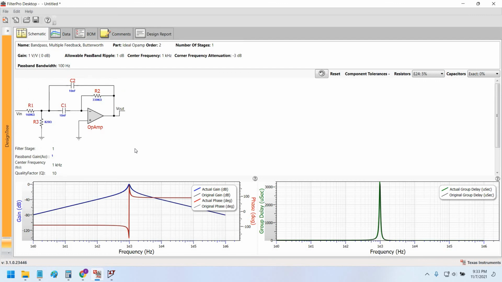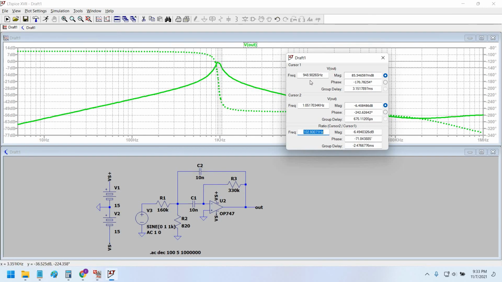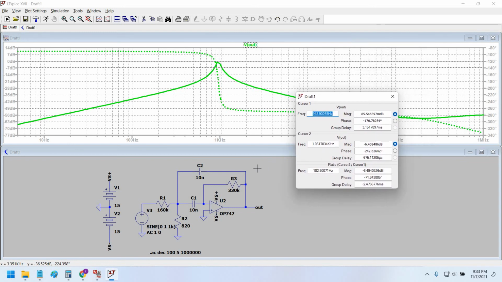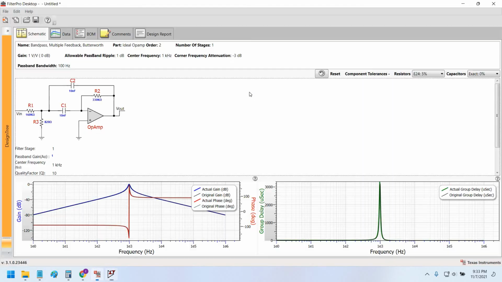Okay, and the upper cutoff frequency is 1.05 kilohertz, that is 1000 plus 50 hertz, and the lower cutoff frequency is 948 or 950 hertz, that is 1000 minus 50 hertz. So the results exactly match with the FilterPro results.